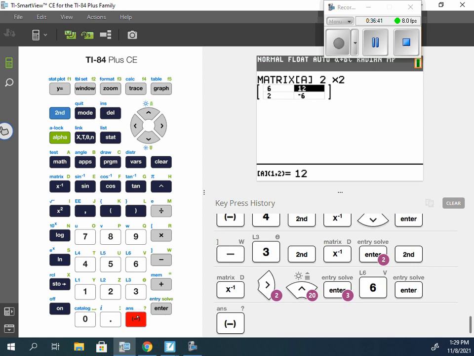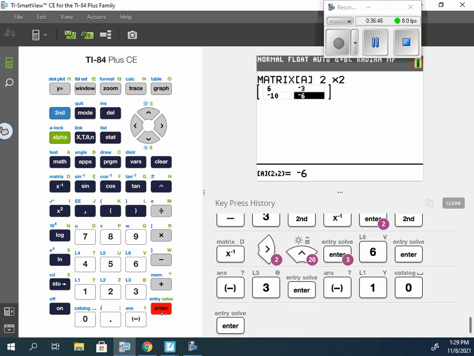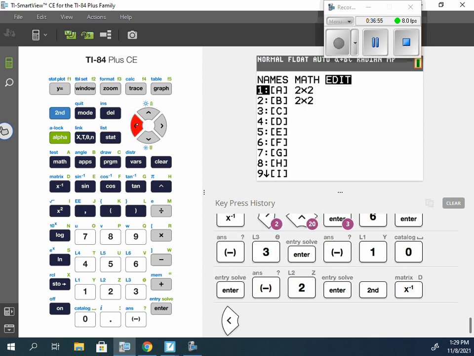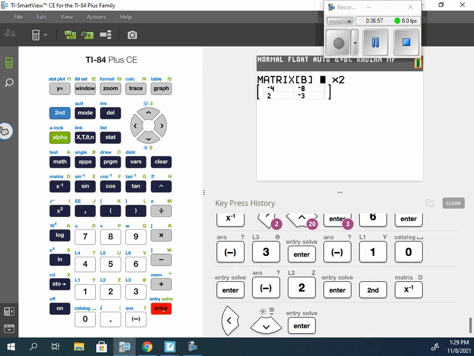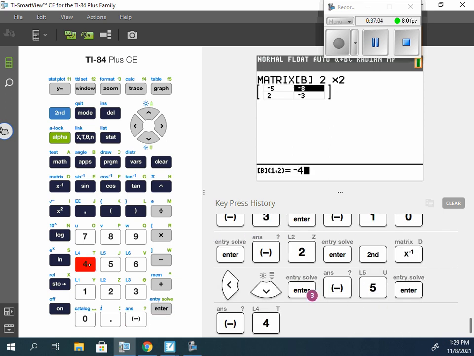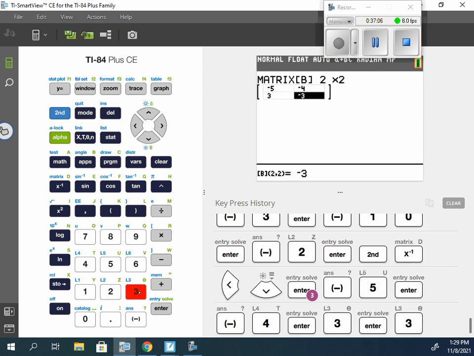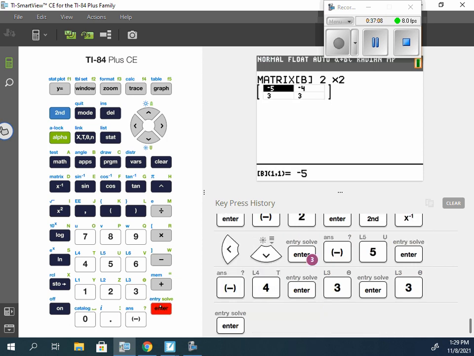So we have 6, negative 3, negative 10, negative 2. Once we get that typed in, we can go second matrix, edit B, 2 by 2. This would be negative 5, negative 4, 3, 3. We have both of them typed in, yes?